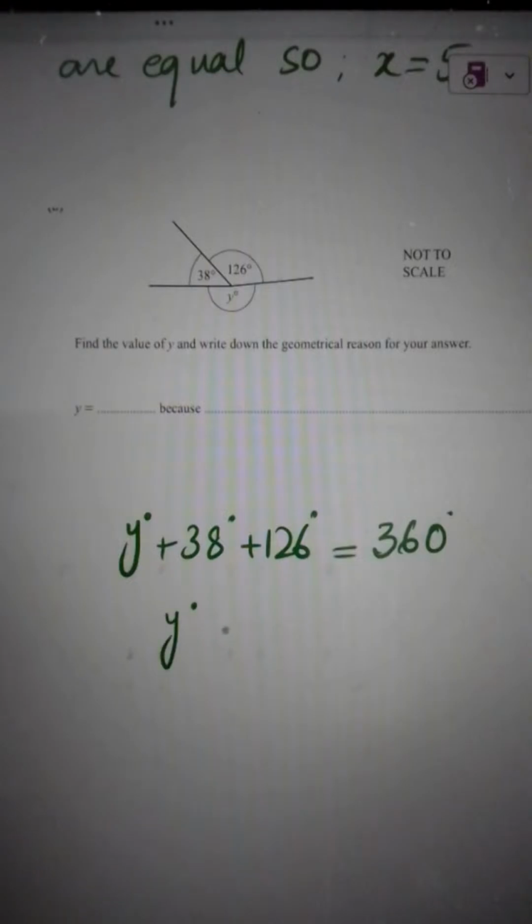So y is equal to 360. These two values will be subtracted from the other side. If we take them to the other side, they will be subtracted. So we can see that 360 minus 38 minus 126.